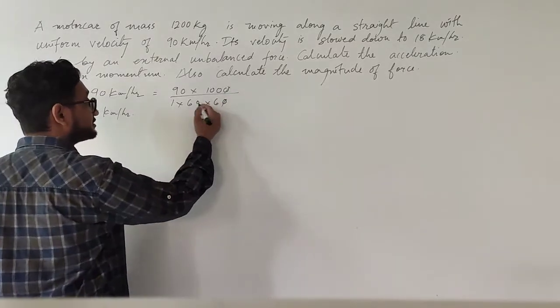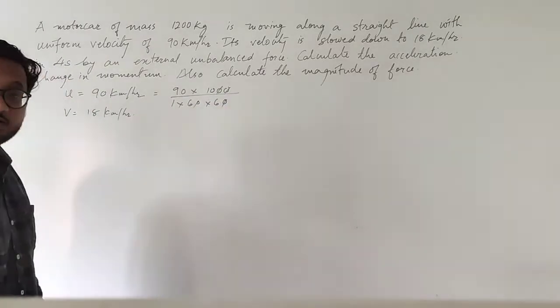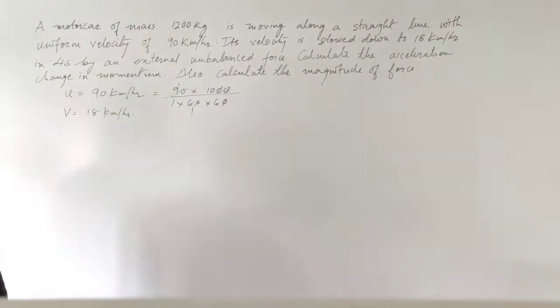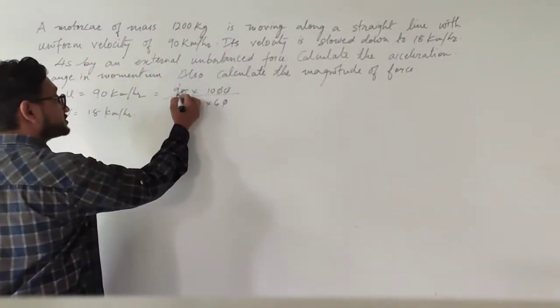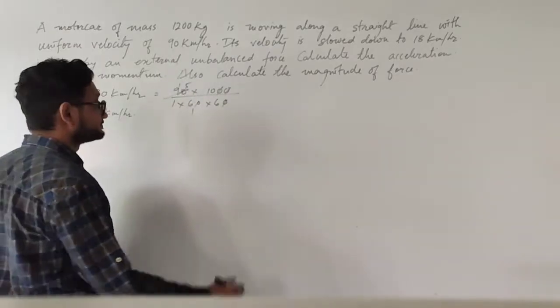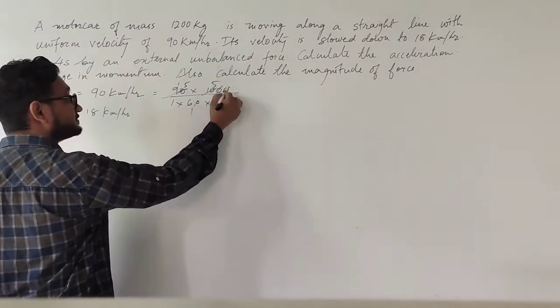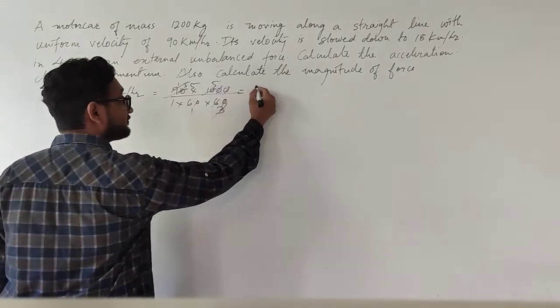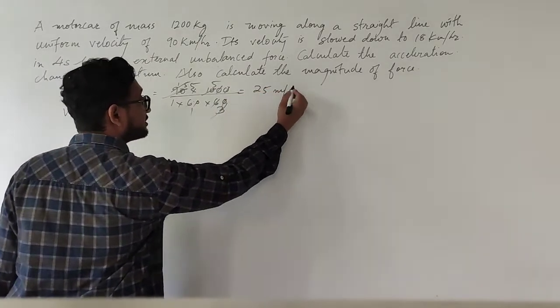Solving this, you get 2 zeros cancelled off, 6 1s are 6, and 3 is remaining, so 6 5s 30. 2 3s 6, 2 5s 10, 3 5s 15. So the answer is 25 meters per second.